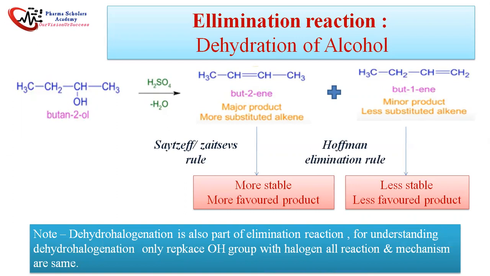In dehydration of alcohol and dehydrohalogenation of alkyl halide, there is no difference in the mechanism. The basic difference is that in dehydration there is a removal of the hydroxy group, and in dehydrohalogenation there is a removal of the halogen group.